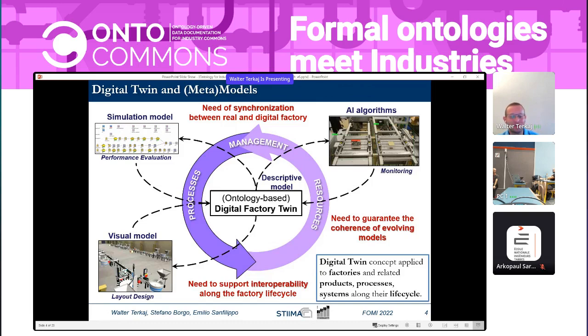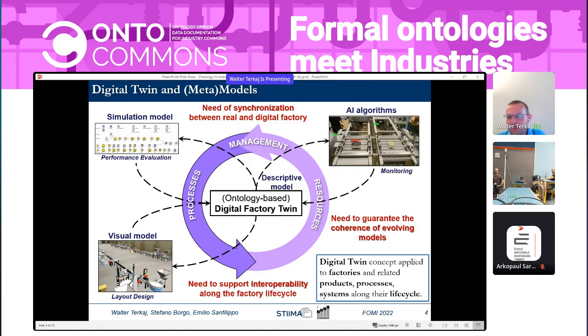Graphical representation, to stress again what I was saying: at the core of everything, in our view, there is an ontology-based digital factory twin, but it could also be a product twin, whatever we need in the scope of industrial engineering, to support interoperability, but also to guarantee that the evolving digital models are coherent inside themselves, but also in relation with the other parts of the overall digital model.